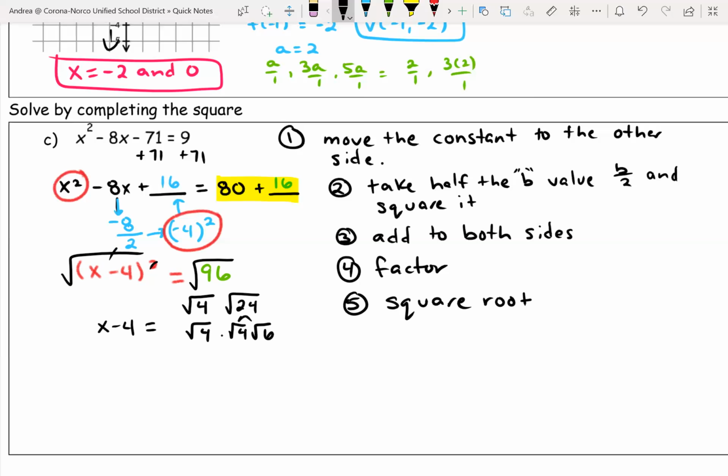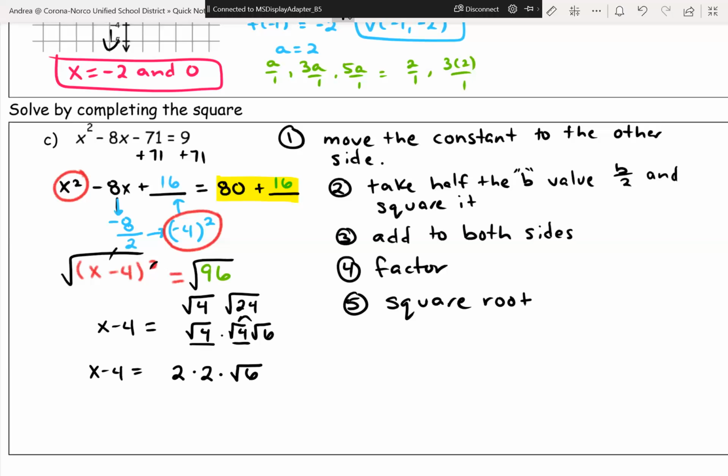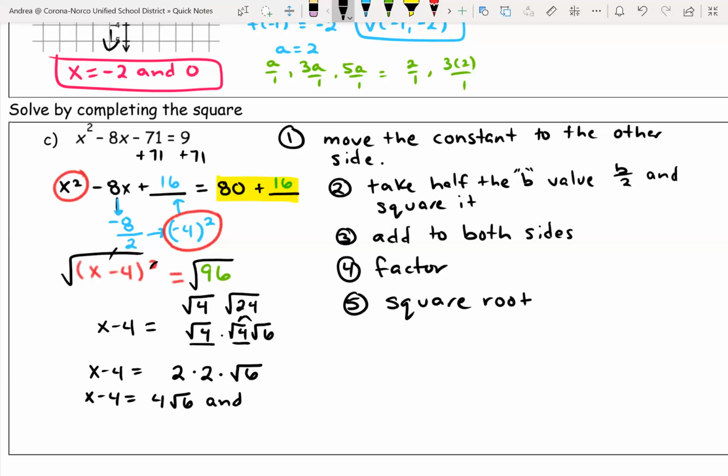So I get x minus 4 equals, the square root of 4 is 2. The square root of 4 is 2. The square root of 6 remains the square root of 6. So I get x minus 4 equals 2 times 2 is 4, square root 6, and -4 square root 6.